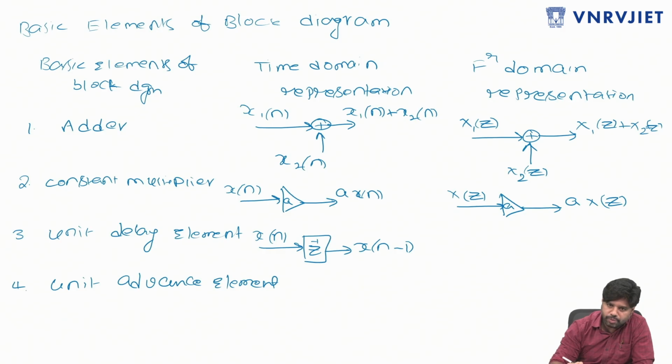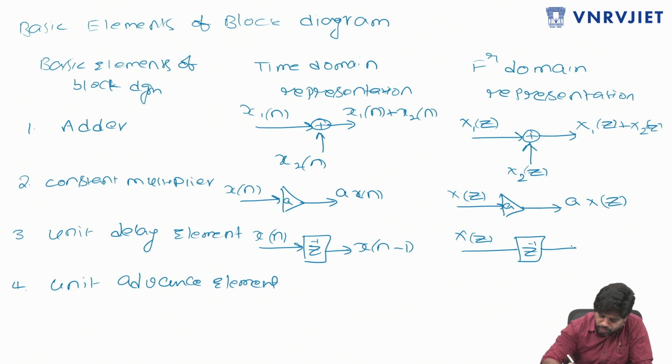In the frequency domain representation, x of z will be taken as the signal, and here z power minus 1 is the unit delay element. So the output in the frequency domain representation will be z power minus 1 into x of z. This is somewhat simple when compared to the time domain representation.